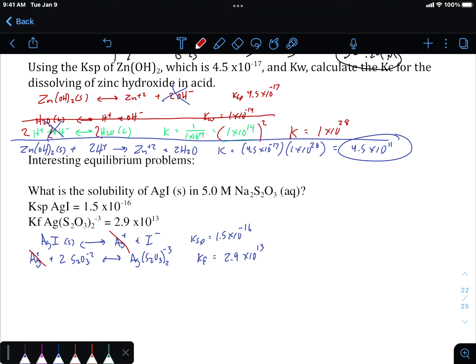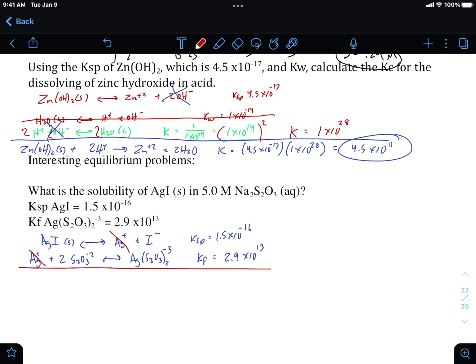Subtract silvers from both sides. That's going to tie these two together. So now I have AgI solid with 2 thiosulfate ions forming the complex and the iodide ion. Okay, so multiply the individual K's to get the new K.